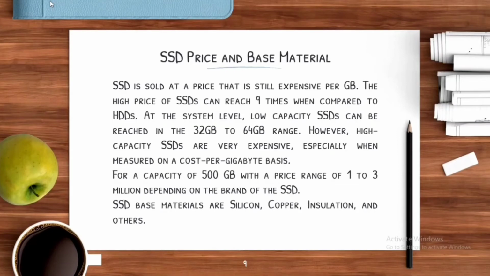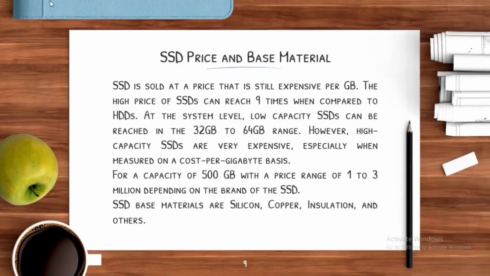SSD price and base material. SSD is sold at a price that is still expensive per gigabyte. The high price of SSDs can reach 9 times when compared to hard disk drive.